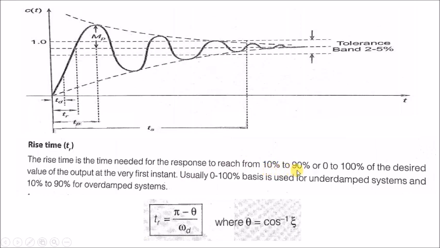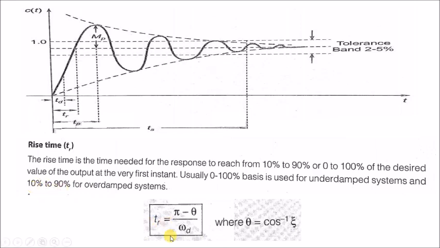You might be confused about 10%, 90%, then 0 to 100%. That actually depends. When you take 0 to 100%, that means it must be an underdamped system. That means the response should be like this. For an underdamped system, the rise time will be the time between 0 to 100%, a complete cycle. And if the system is an overdamped system, then you have to take from 10% to 90%.